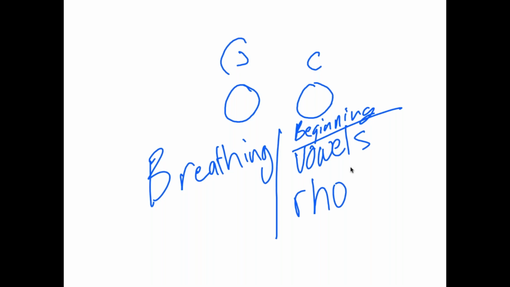A leftward facing breathing mark changes pronunciation none. You basically just pronounce it the way that it is written. So if it starts with an alpha, it's ah. If it starts with an omicron, it's ah.